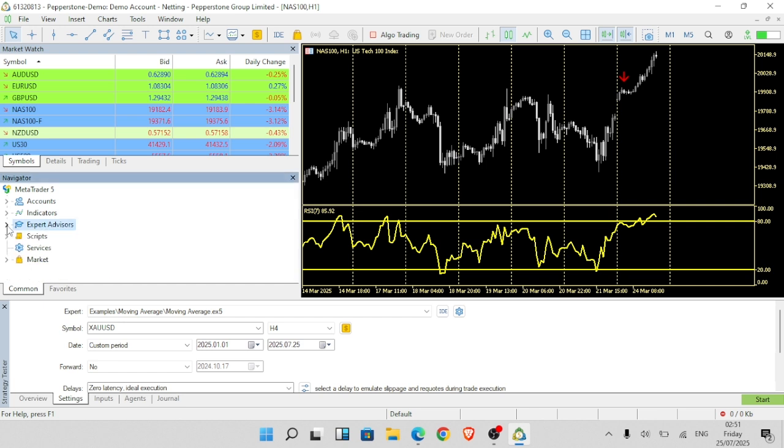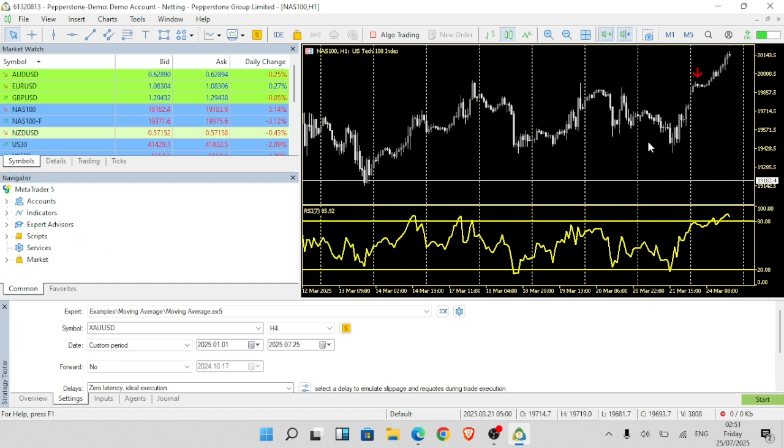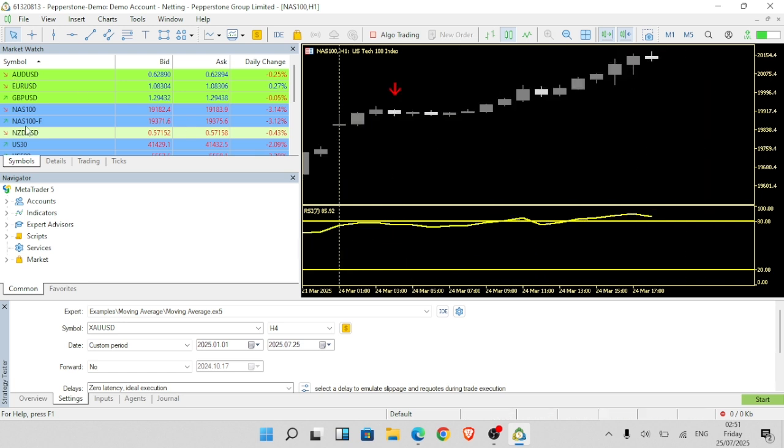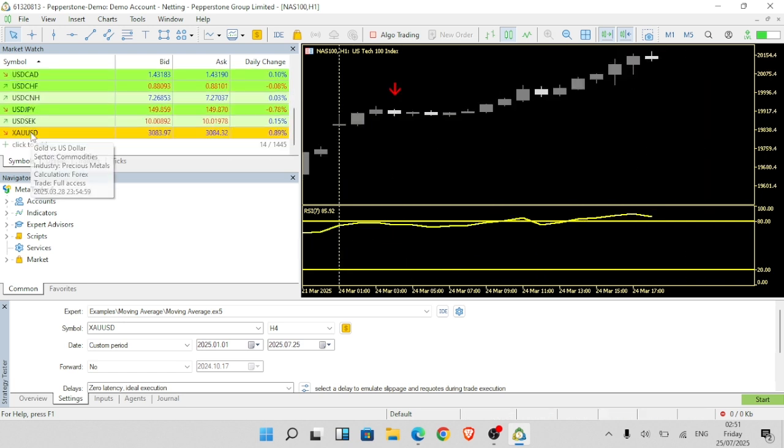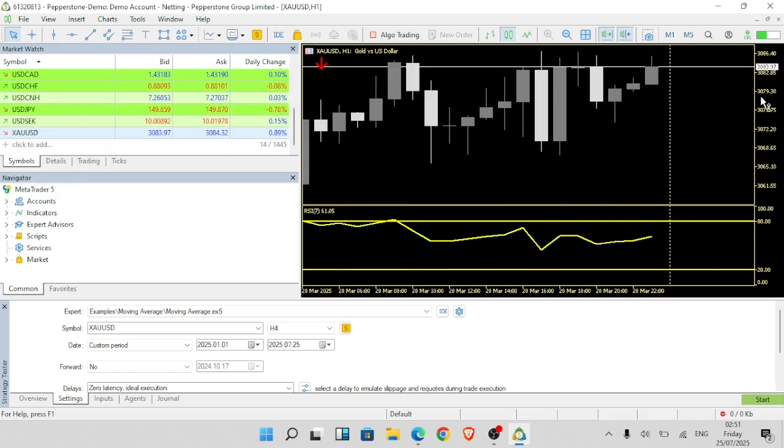It's a very simple idea. But before we go to the backtesting, let me explain the idea behind it.